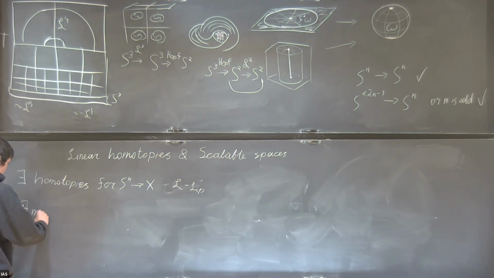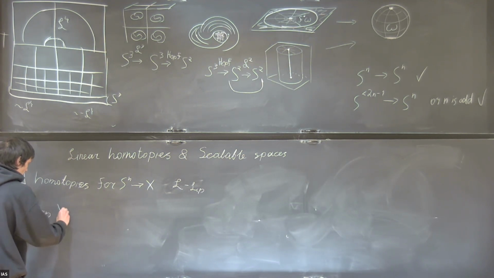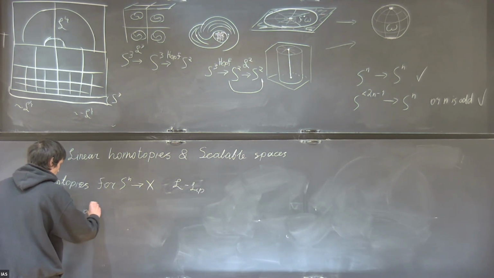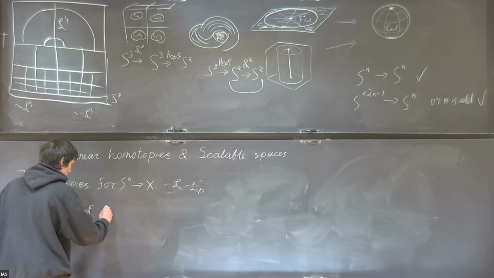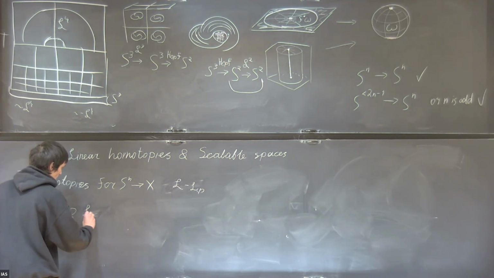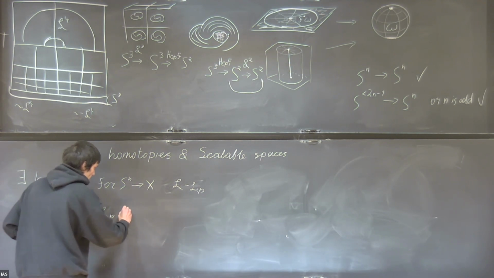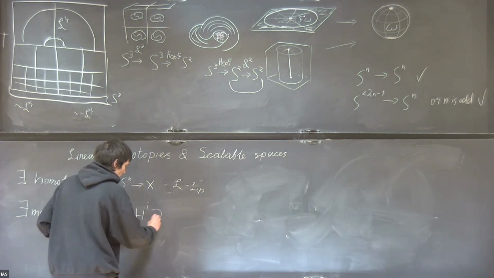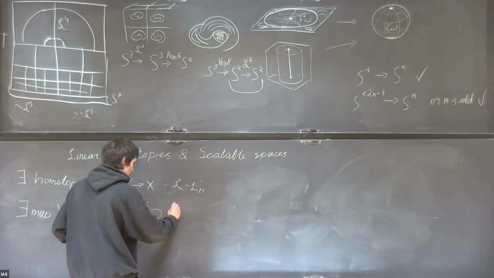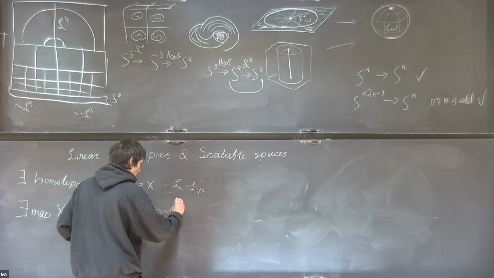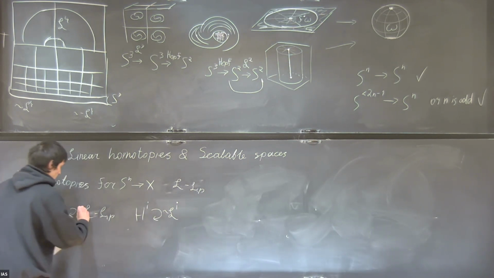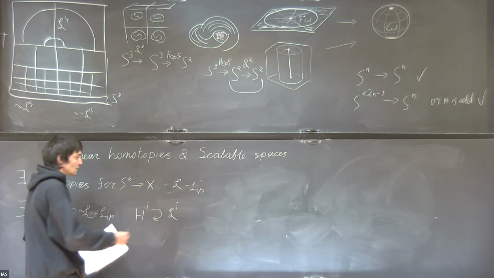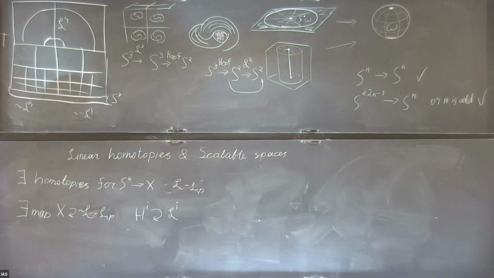So if there are maps of X to itself that are Lipschitz, and they act on H_i, let's say that they are approximately Lipschitz, and here they act exactly by multiplication by the degree that you expect them to act.